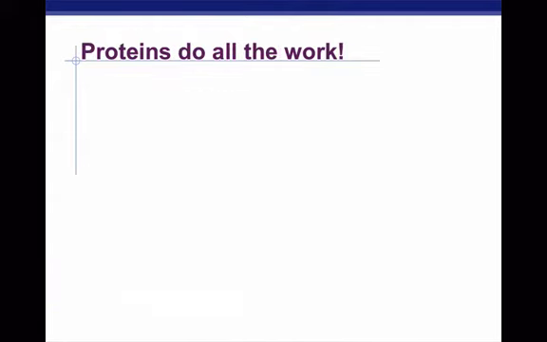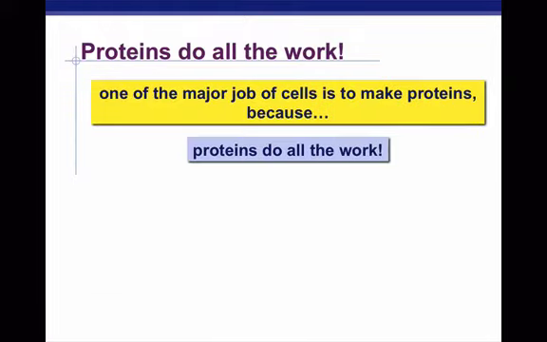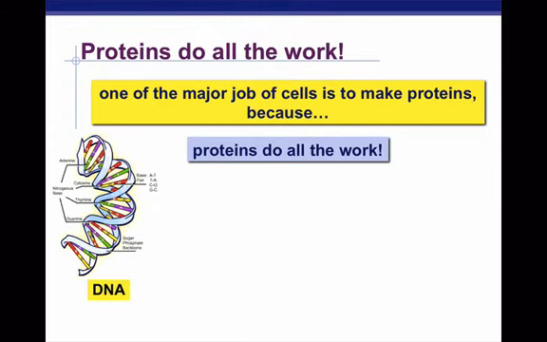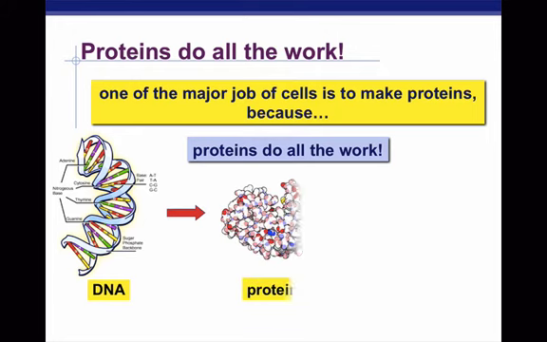So proteins do all the work. And so this might be a little review from 6th or 7th grade, but one of the major jobs of a cell is to make proteins, because proteins do all the work, and all cells make proteins. So we have DNA here, and from DNA, we copy it with a nucleic acid called RNA.